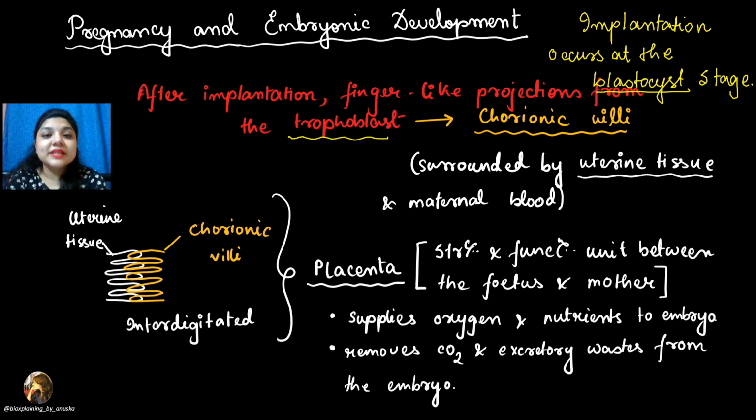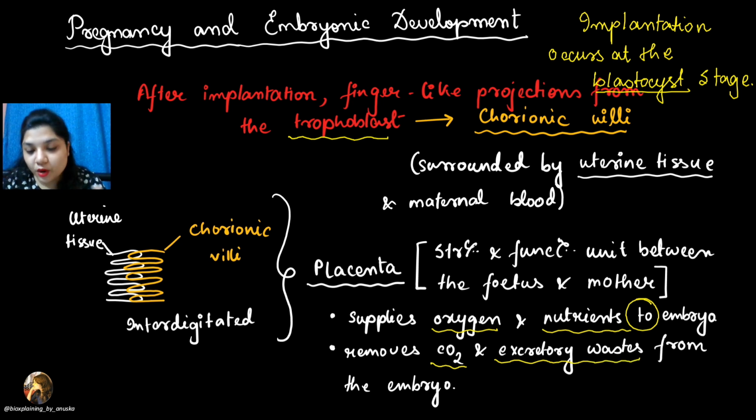So see, it is supplying the useful things to the embryo and taking away the harmful things from it. Oxygen and nutrients are the useful substances being given to the embryo, and carbon dioxide and excretory products are harmful or toxic substances that are being removed from the embryo.